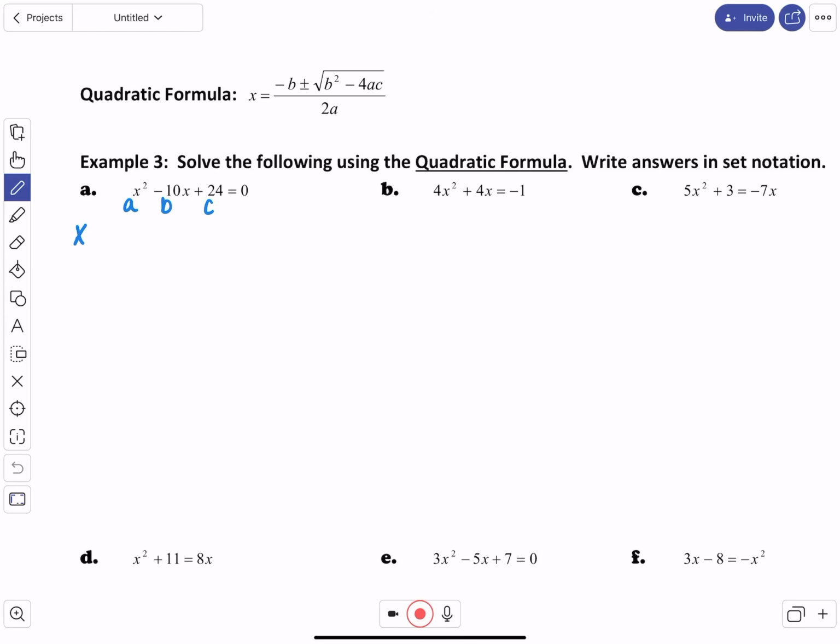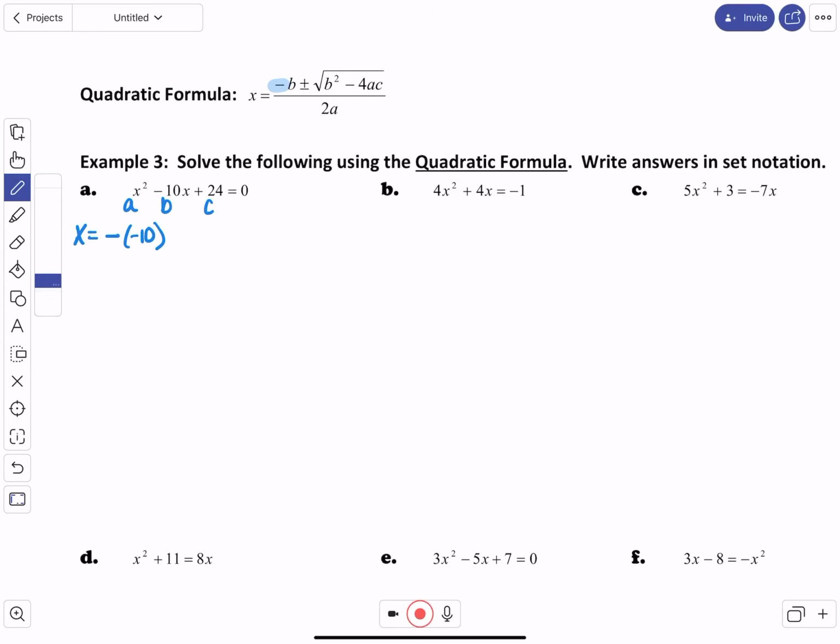So we do x equals negative, because negative is part of your formula. So that's where the negative comes from. Then we plug in our b. Well, b is -10. I like to put in parentheses because I already have a negative there.